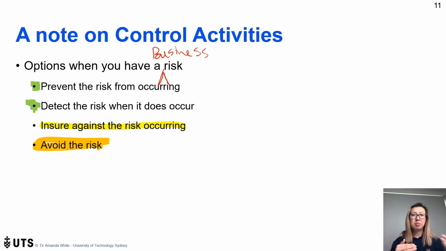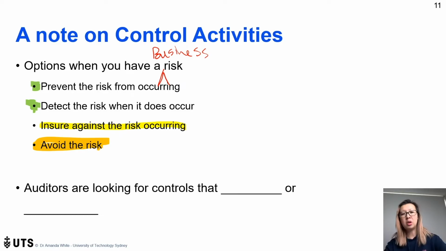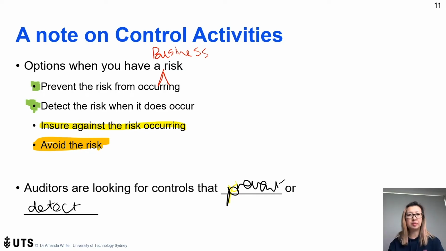If perhaps we have any students who don't sit the exam, then a risk is that some students might not get the right result. We have processes to detect when students haven't come to exams or they haven't submitted assessment tasks. So in business, we're going to look for controls that prevent a risk from happening or detect a risk when it does occur. Auditors are looking for controls that prevent or detect our potential misstatements.